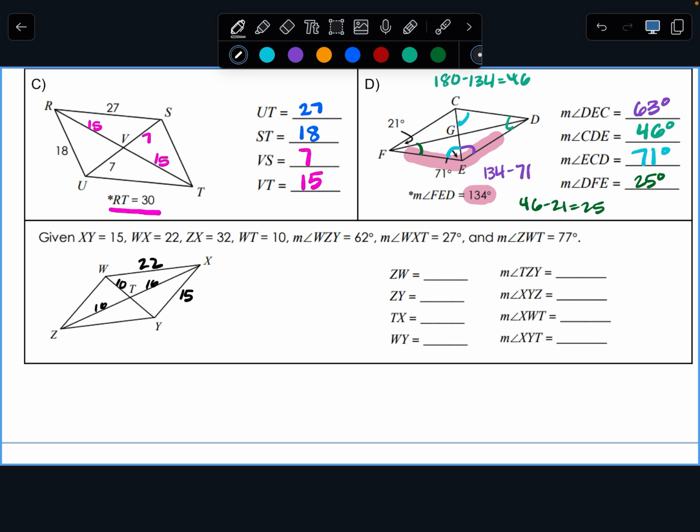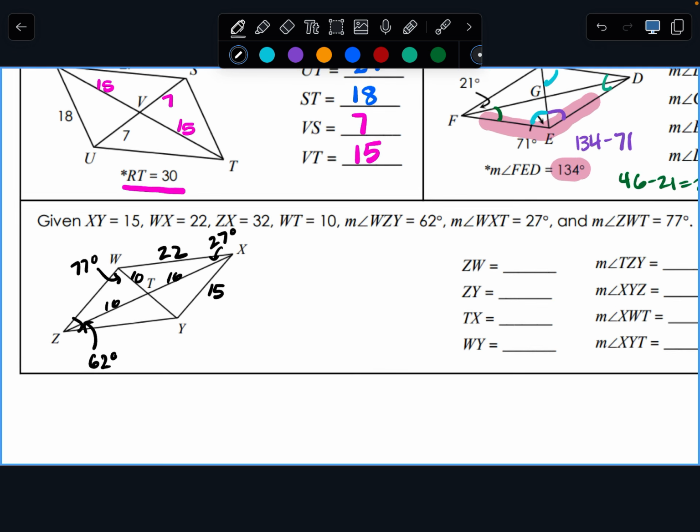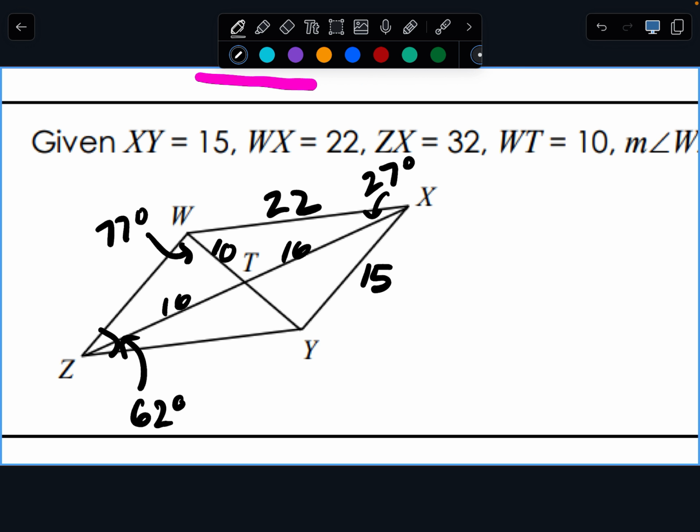WZY is 62 degrees. And then WXT is 27 degrees. And ZWT is 77 degrees. Okay, so I'm just filling in everything that I know already.